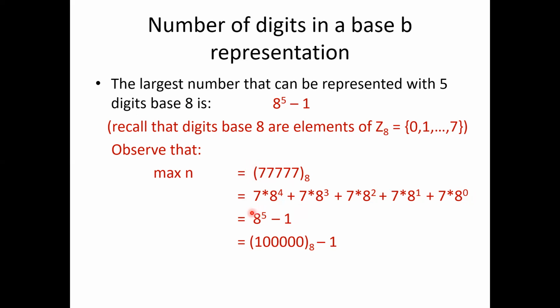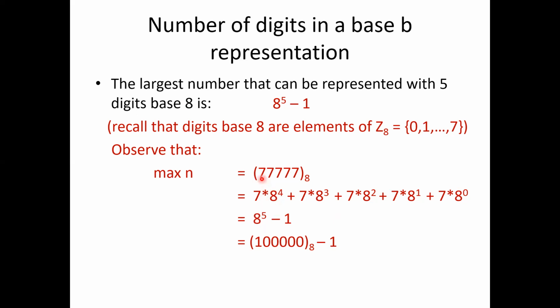So that's exactly this. It's 8 to the 5, the next number after that. So you know that the highest number that has 5 digits must be 1 less than this. So you don't have to compute this. There are many ways to remember this. You can compute this and recall the geometric sequence summation, and that this must give you that.